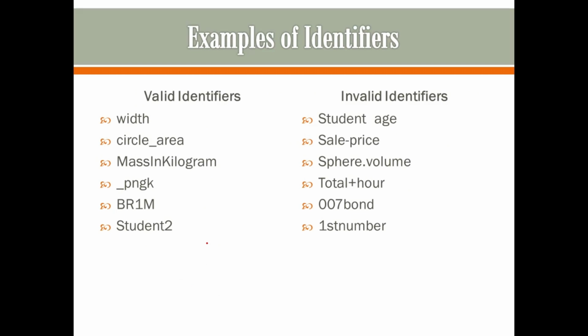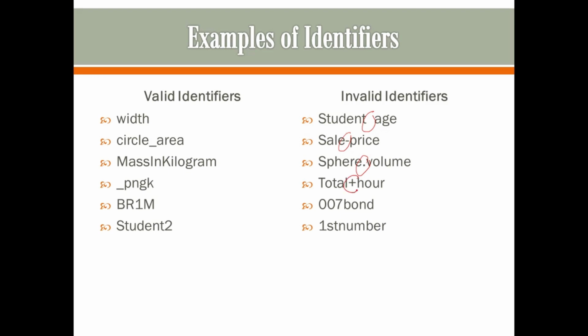This is an example of valid and invalid identifiers. Why is this one invalid? The first one has a space. The second one uses another symbol besides a dollar sign or underscore. The third one is the same. Cannot use symbols other than the dollar sign and underscore.